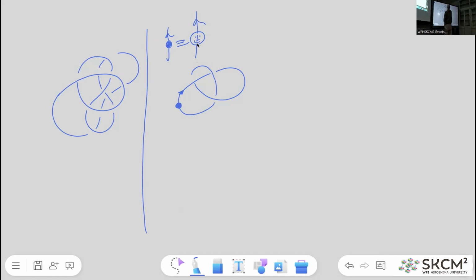And this robot has the following rules. An unknotting robot, I think. This robot moves along the diagram, and if he moves across an overcrossing line, nothing happens.